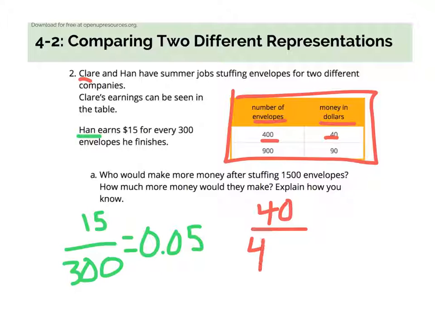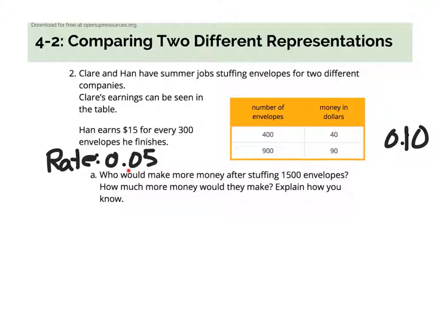If we divide 40 by 400, it looks like we're going to get 0.1, I'll put a 0 in because it looks more like money, 10 cents. We could have also divided 90 by 900 to get the same thing. So there we go. We've got both of our rates. I've written them right up here. 0.05 for Han and 0.10 for Claire.